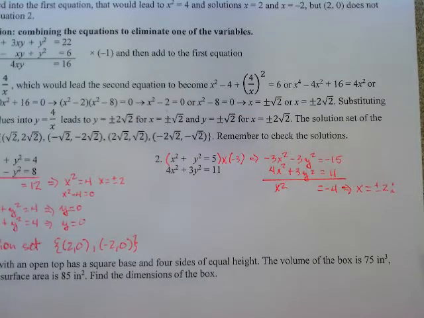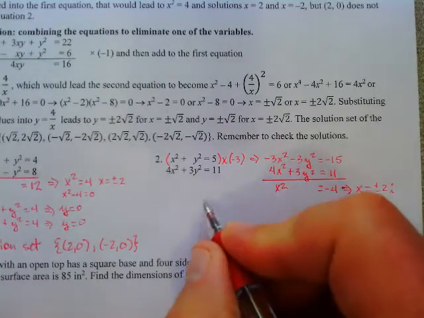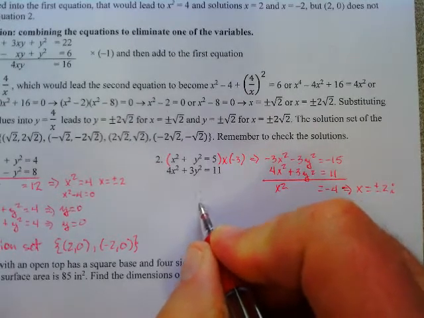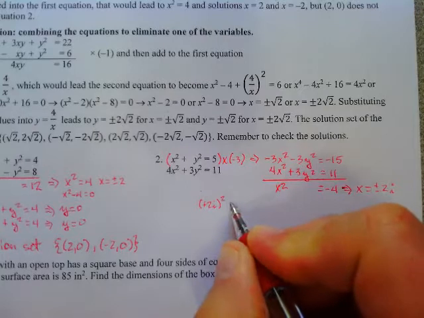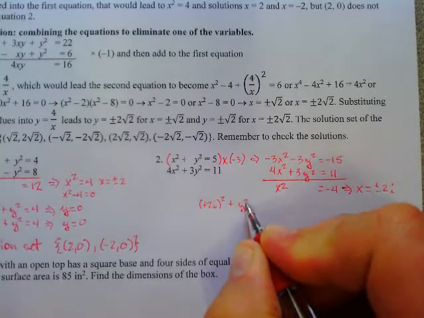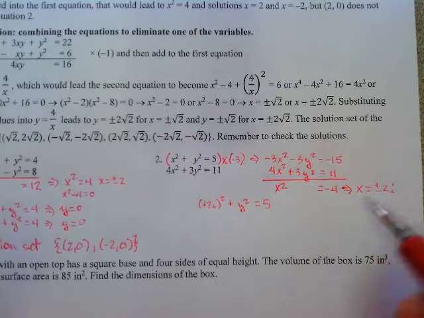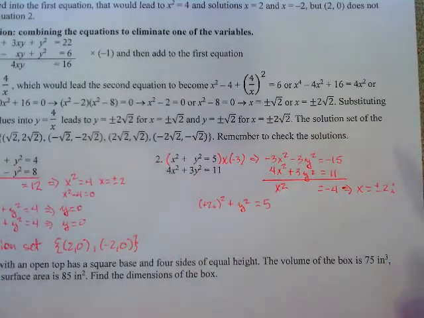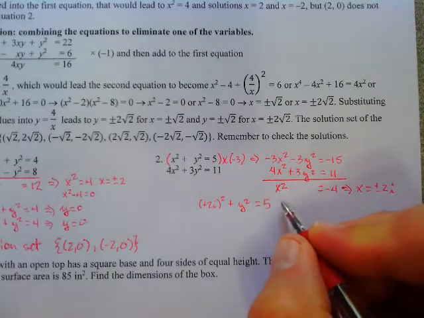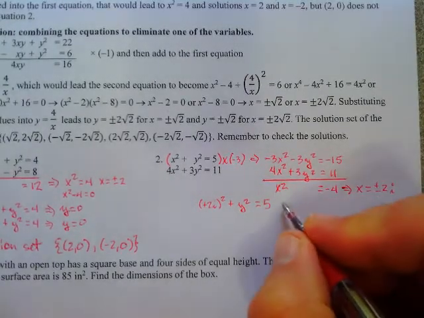Okay, so now let's go ahead and plug these back in. We'll start off with positive 2i squared plus y squared equals 5. Note how we have plugged it into the top equation. Again, I usually just pick the one that has the smaller numbers. That makes it easier.